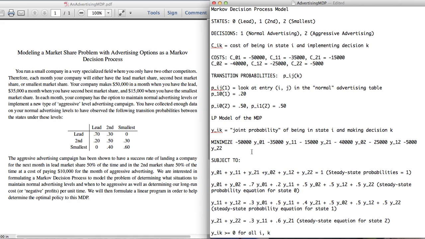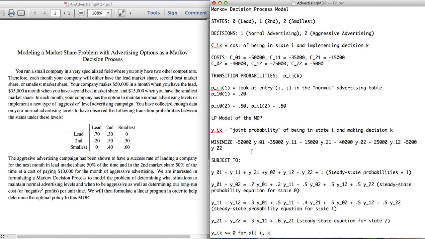The main reason is that if you look at the set of 4 equations that we have, one of them is redundant. So we only end up with at most 3 positive y's.